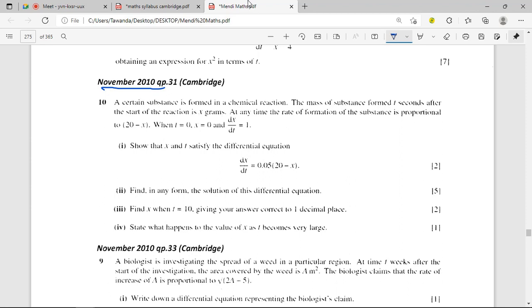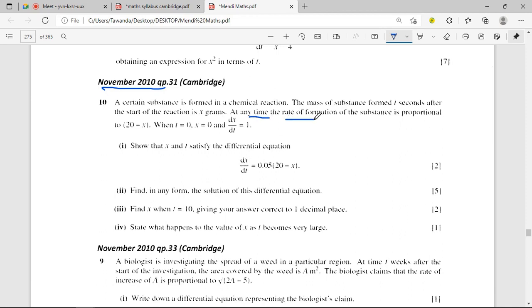Then at any time t, the rate of formation of the substance is proportional to 20 minus x.